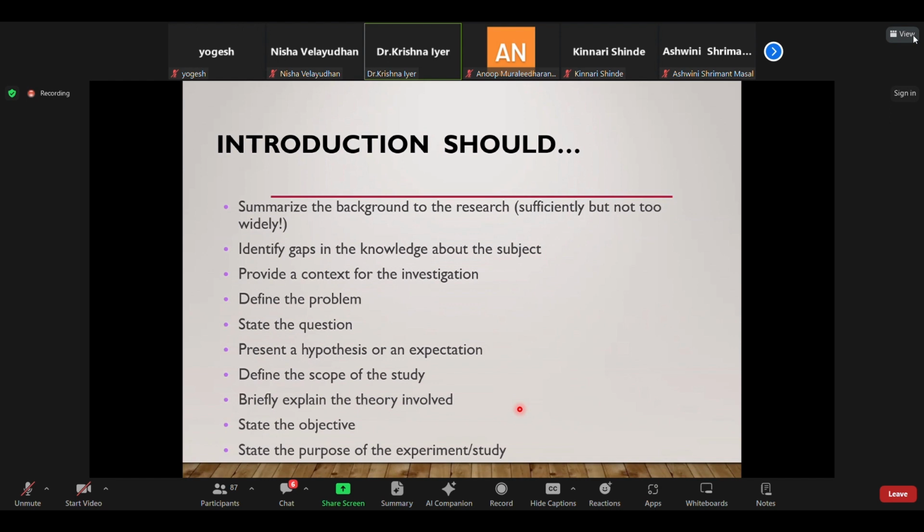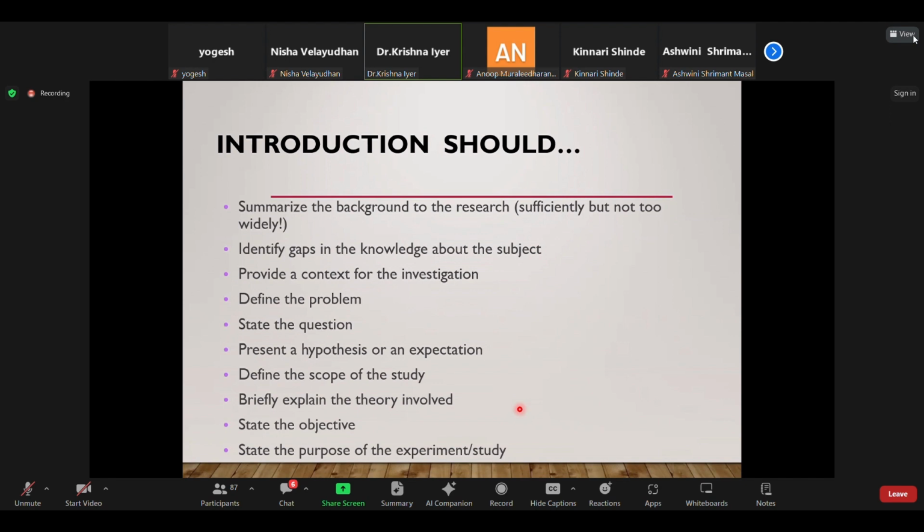Now that you have set this up, you actually define that gap or the problem and state the question which will answer or fill the gap, and then present an idea or a hypothesis to try and fill this knowledge space, or to define the scope of what you are doing, and then briefly explain the background of what you are going to do, so that it leads to the objective of the paper and the overall purpose of the experiment or the study that is part of the publication.